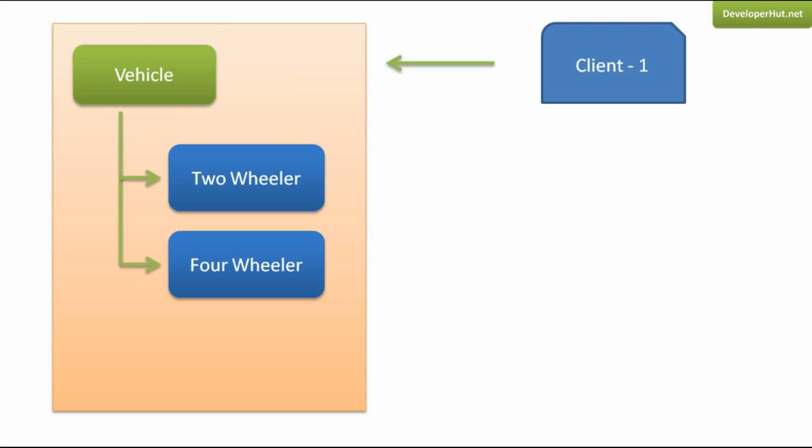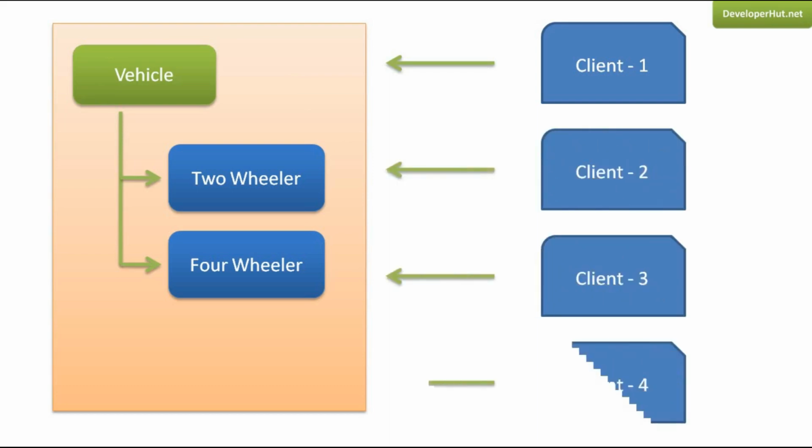Now there are also other clients attached to your application and they wanted to use your two-wheeler as well as four-wheeler vehicle. So they are very happy with it and the number of clients is increasing day by day, right? So in this case, each client is just creating the vehicle class and calling the method, and all their creational logic resides at the client level.